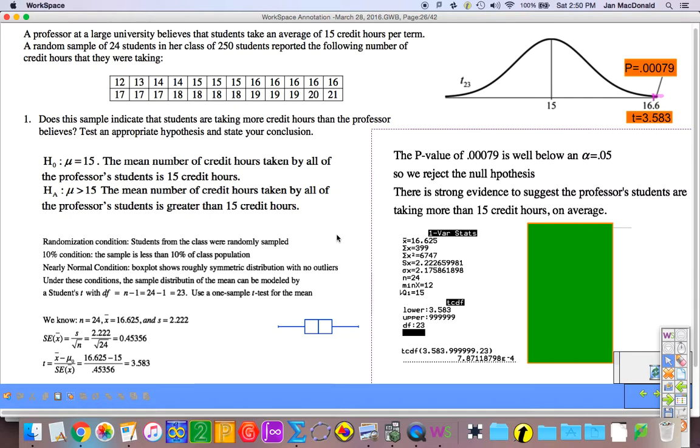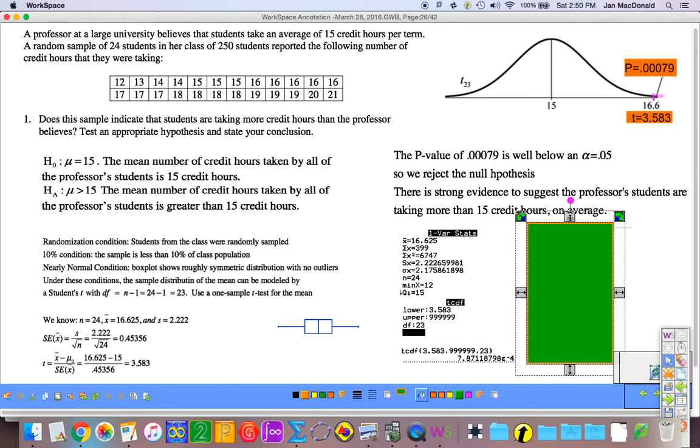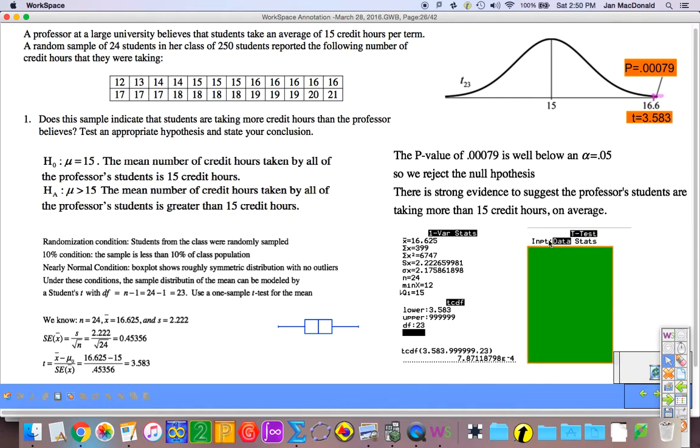Now let's use our calculator to check the mechanics of our test. If we go to our stat menu, arrow over to test, this is simply called the t-test on your calculator. Our input is in our data list.